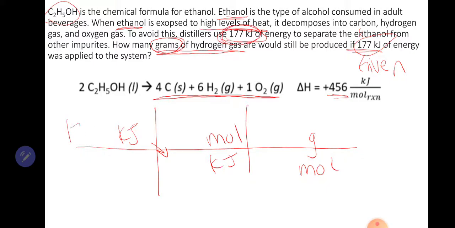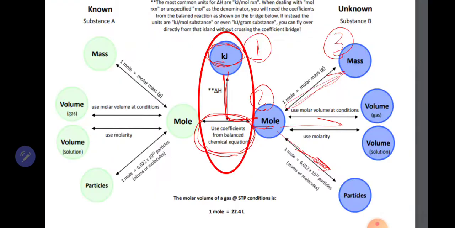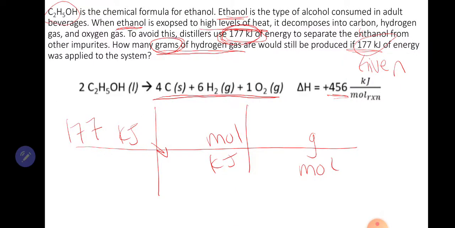Given is always first. Always start with what you know. We're going to use the balanced equation to find the next set of numbers going from 1 to 2. All right, in my equation, I've got 456 kilojoules. And if I'm looking for hydrogen gas, my coefficient is 6. That big number in front, that's the moles.